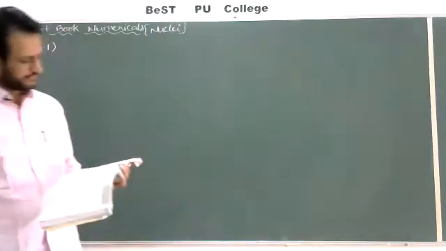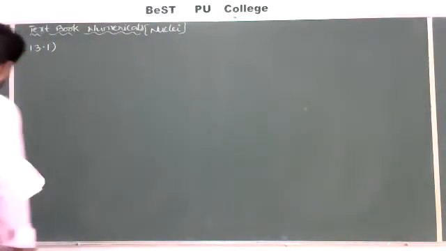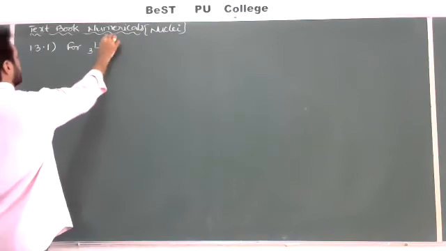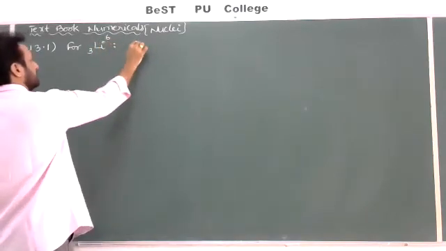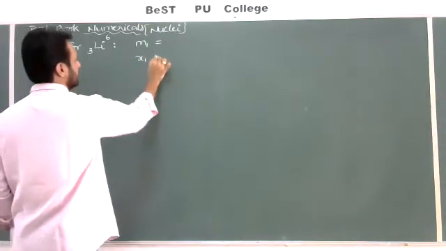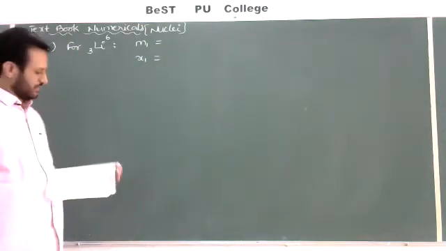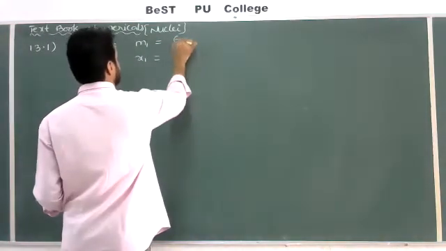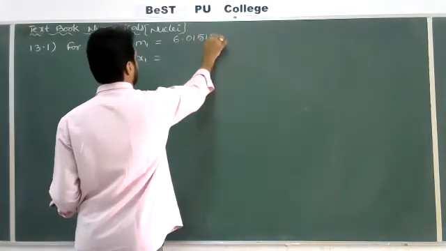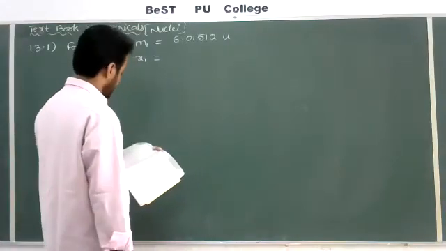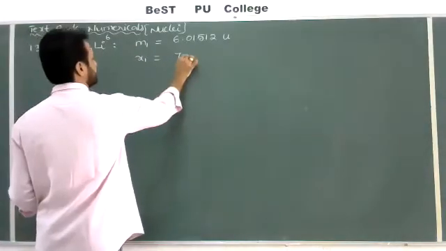So first they gave lithium Li 3,6. For lithium with atomic number 3, mass number 6, they have given the mass and also the abundance. Abundance means I'll take percentage x1. So mass of this lithium is 6.01512 u, unified atomic mass unit, and its availability is 7.5%.